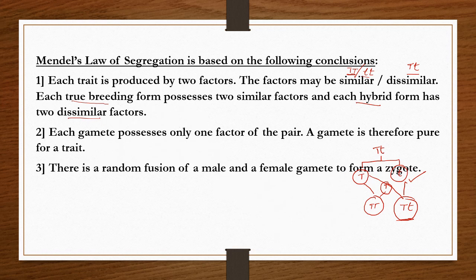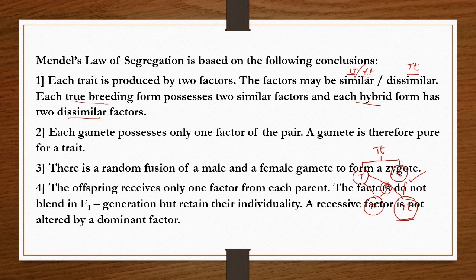And the third conclusion: there is a random fusion of male and female gametes to form a zygote. So fusion leads to the formation of a zygote. So random fusion. Then the fourth conclusion: the offspring receives only one factor from each parent. So the parent plant forms the gametes, and in each gamete, one is from the male parent and another from the female parent. Only one factor is received, and the factors do not blend in the F1 generation.